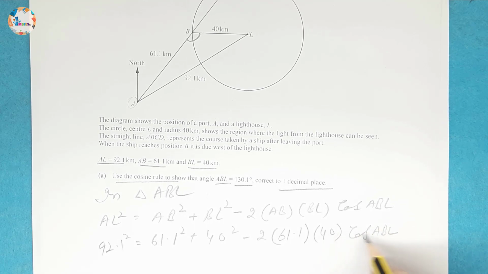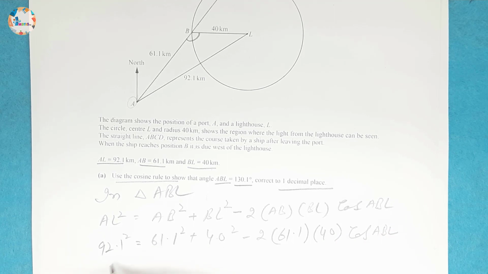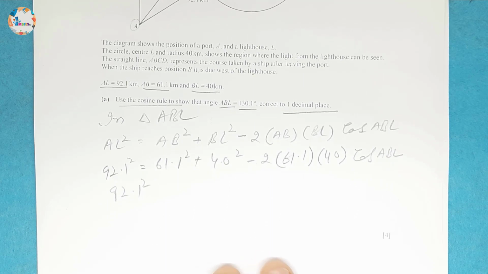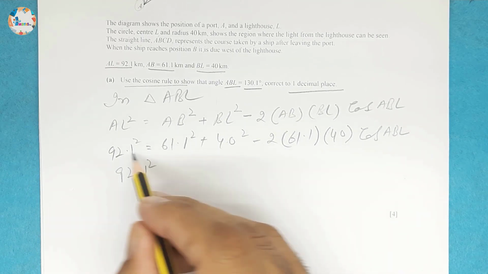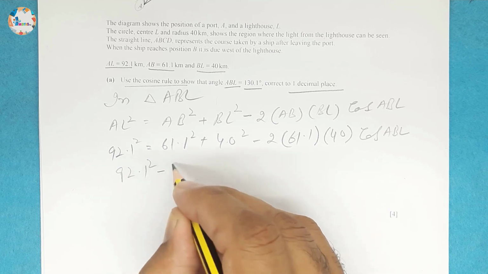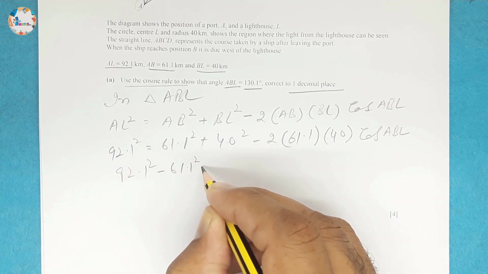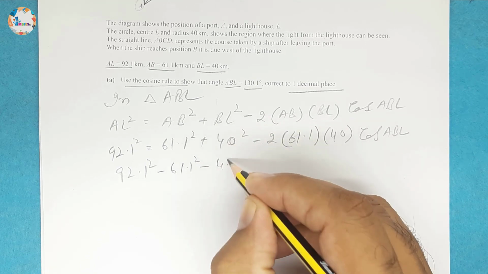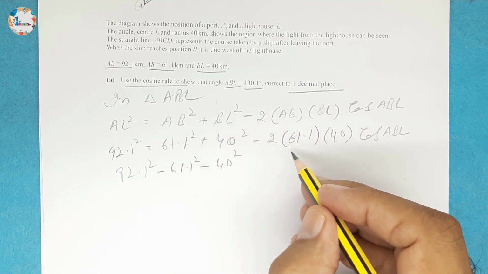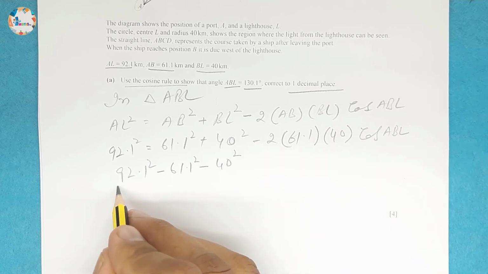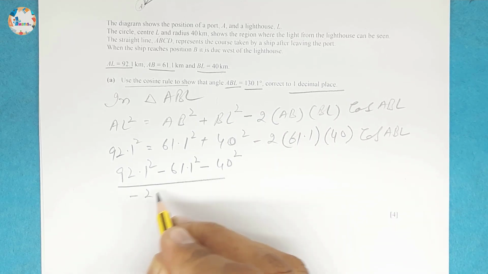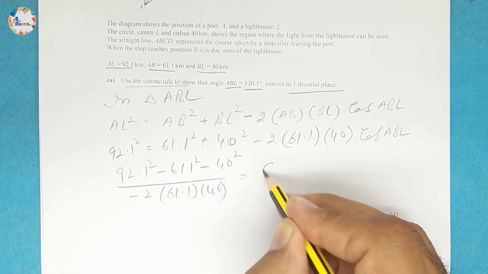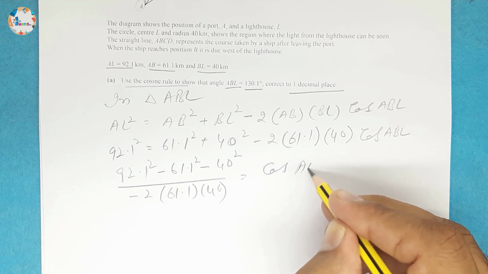First we shift these two, so it will be 92.1 squared minus 61.1 squared and minus 40 squared, and the 2 into 61.1 into 40 goes as denominator on this side, with a minus, and this is equal to cos of angle ABL.